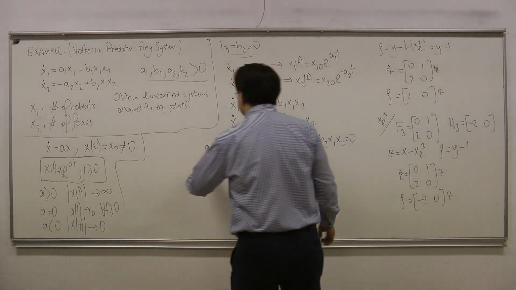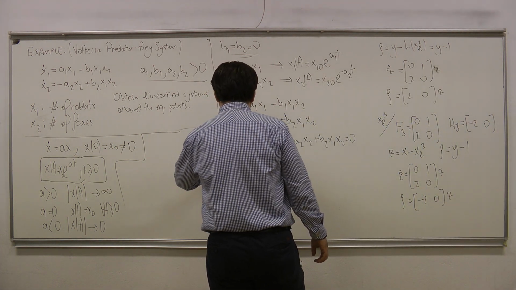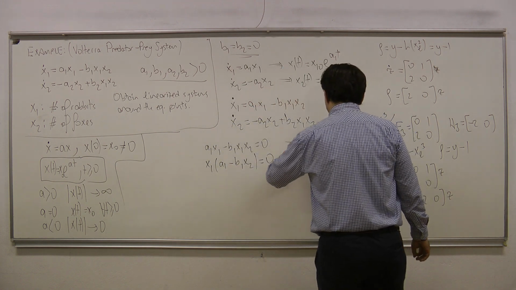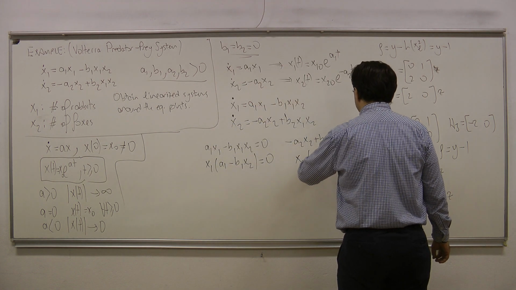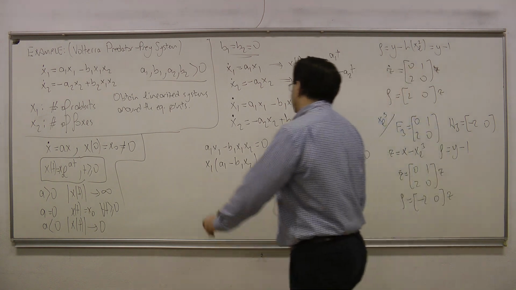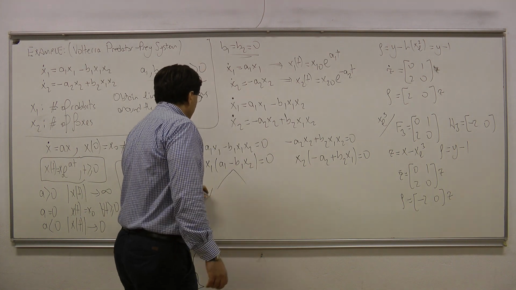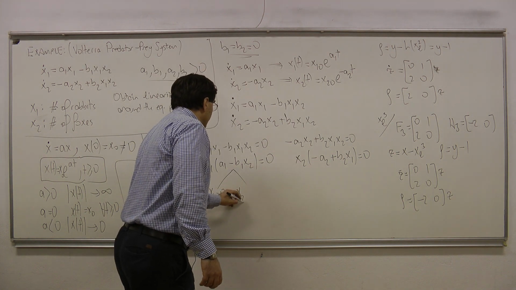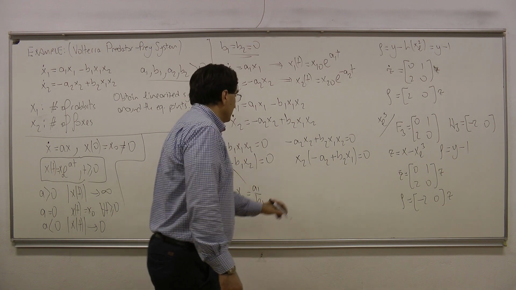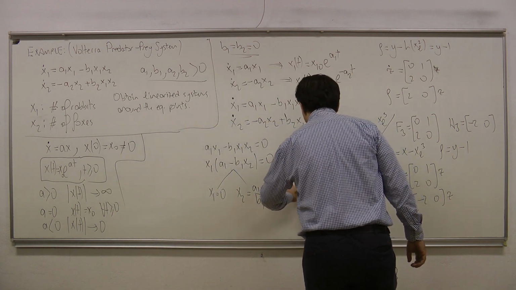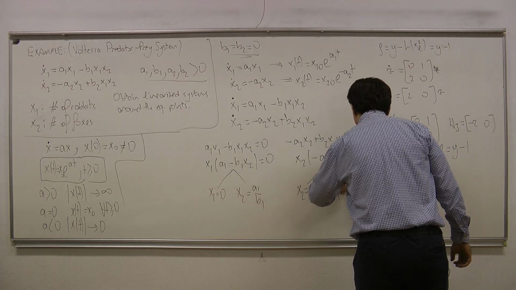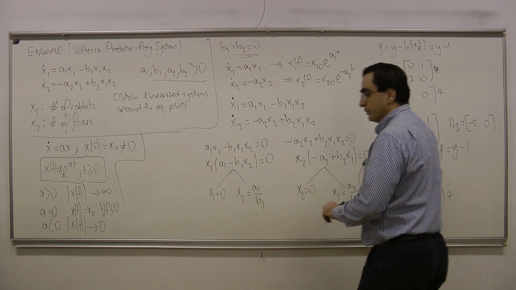If I take x1 in parentheses on the left here, a1 minus b1 x2 equals 0. And if I take x2 in parentheses here, minus a2 plus b2 x1 equals 0. If I find the solutions here, x1 equals 0 and x2 equals a1 over b1. And this is x2 equals 0, and I would have x1 equals a2 over b2.